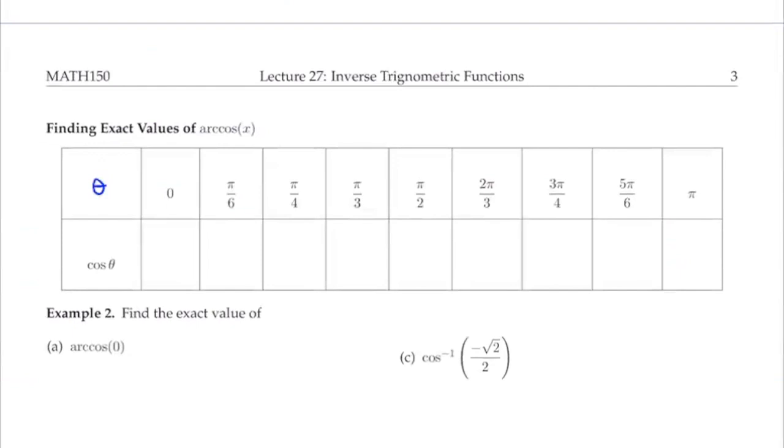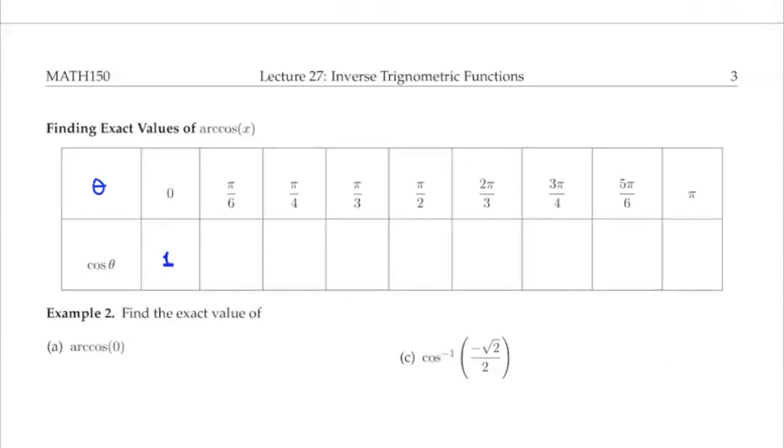These angles are special angles, and for the inverse cosine function, we restrict the domain of the cosine function to between 0 and pi. Okay, so cosine of 0 is equal to 1.